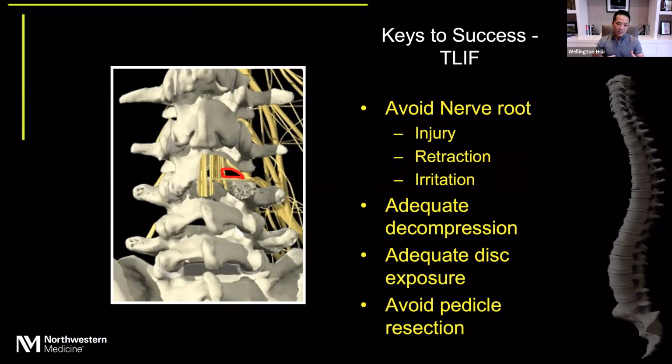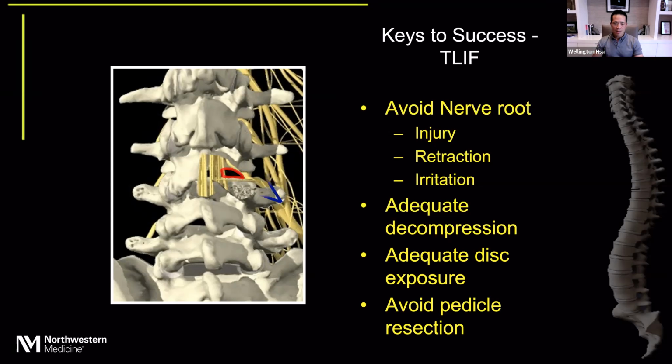But when we retract that nerve root, we also have to be careful not to go too much because radiculitis is one of the most common postoperative complications that is unique to this procedure compared to something like an ALIF or a lateral or what have you. So that's how we try to minimize this type of complication.